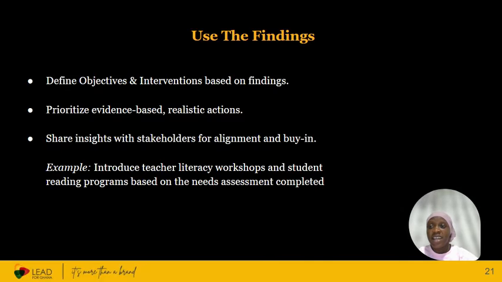Now we have analyzed and interpreted the data we gathered. The next thing is to ask ourselves what we are using the findings for. And this is where you are turning the findings into actions.